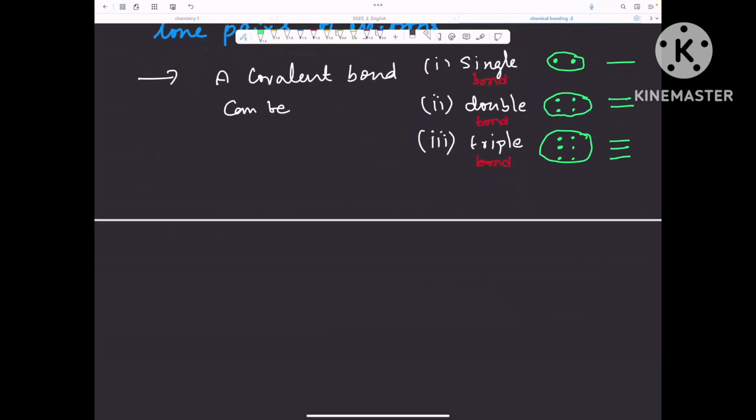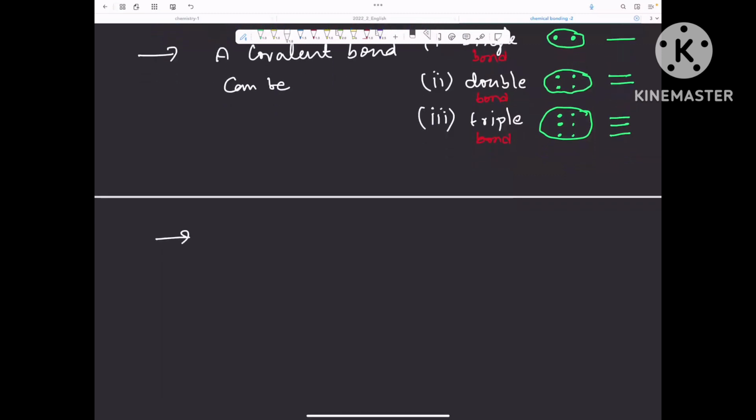Next point. What is an electronic domain?